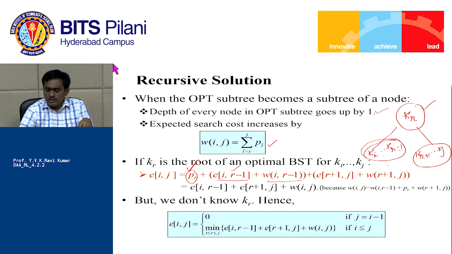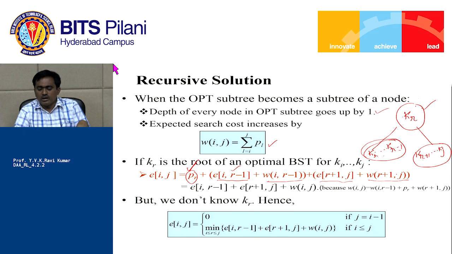Similarly, e[r plus 1, j] is the optimal search cost for the right subtree, which contains the nodes kr plus 1, kr plus 2, and so on up to j. Then next follows w(r plus 1, j), the cost taken for searching each and every node in this right subtree.